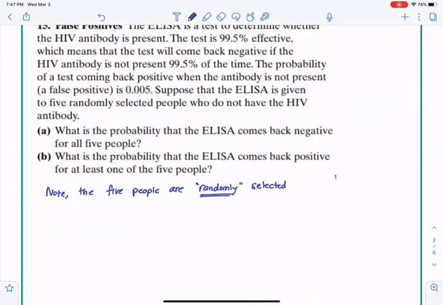We all know that if you are in a relationship with someone, and if they turn out to be positive, then you are going to be positive also. But that is not the case here because we are selecting random people. So that would simply mean that the 5 people are independent of each other.